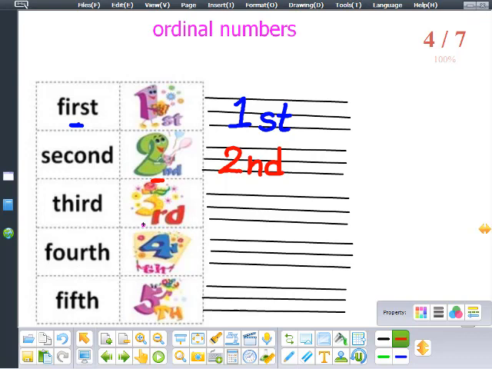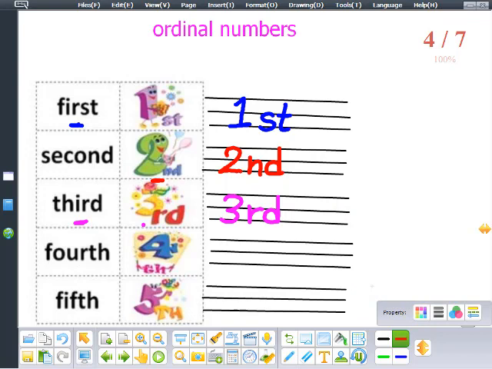In order, we say it's third. Third means number 3 in order. So we write number 3 and we write RD. So it becomes third. Is it clear?